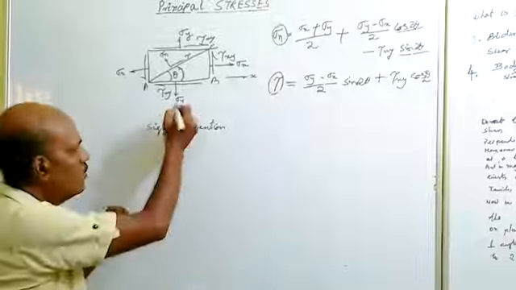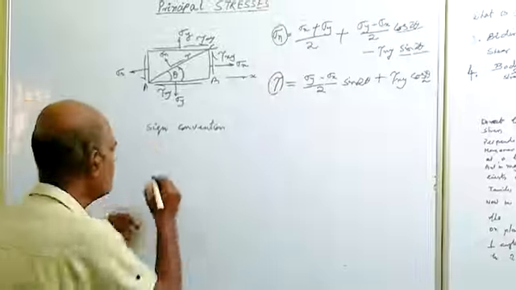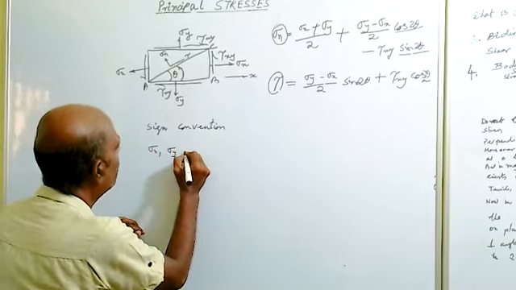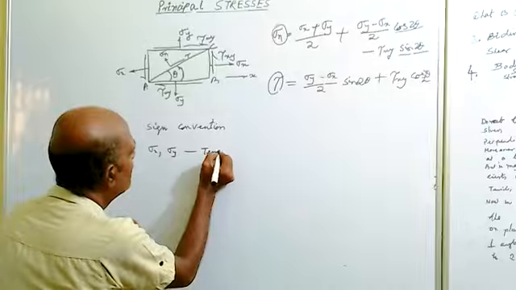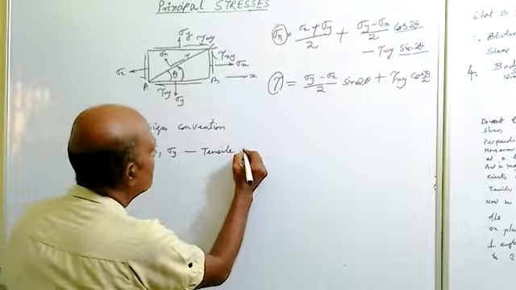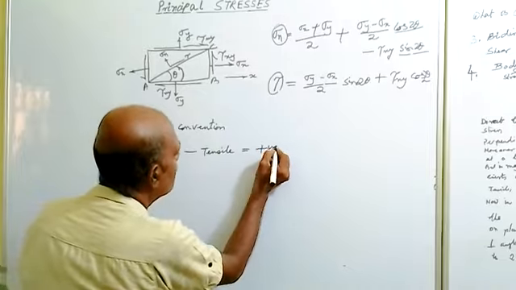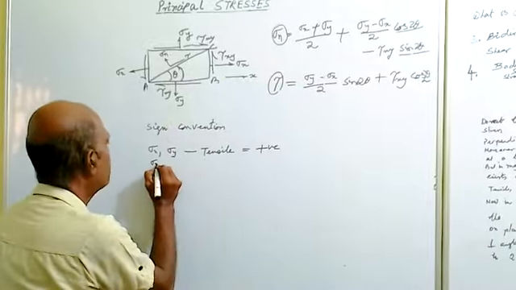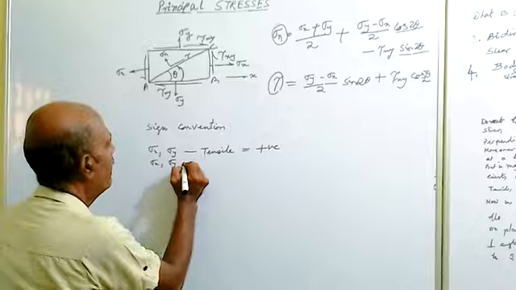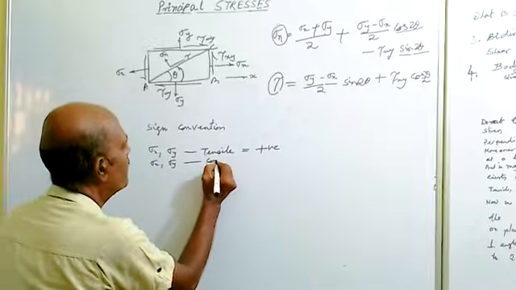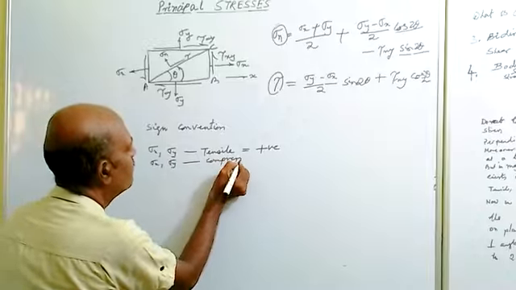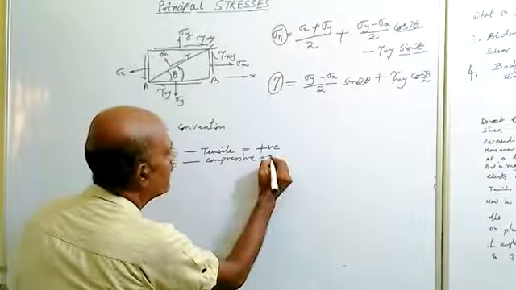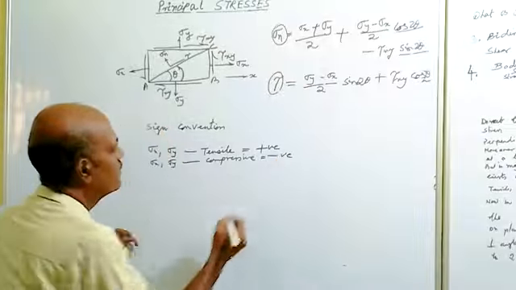Now, first we will see the sign convention. Sigma x and sigma y, if they are tensile stress, then we will write them as positive stress, and if sigma x, sigma y are compressive stress, then we will consider them as negative stress.